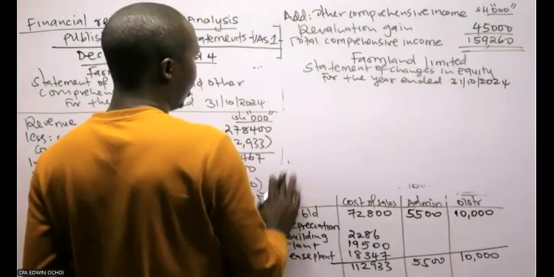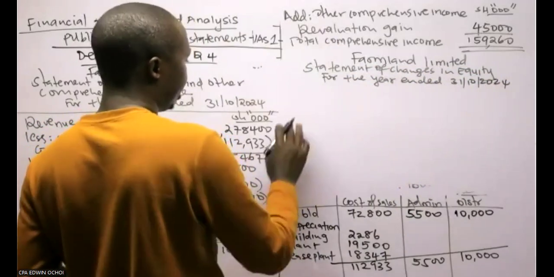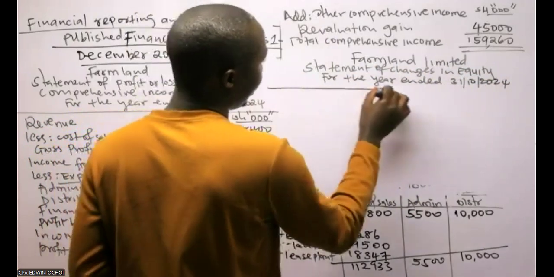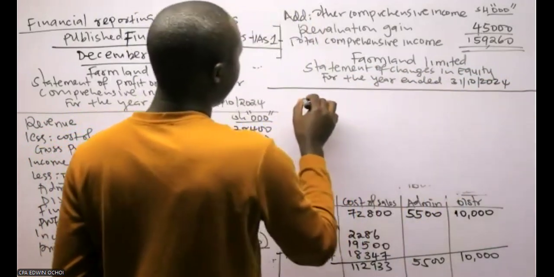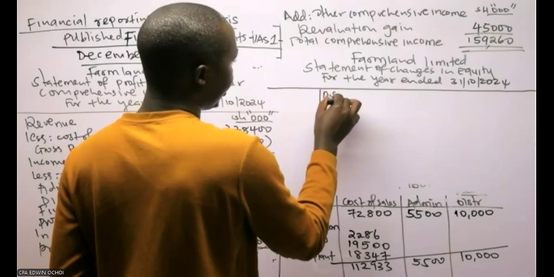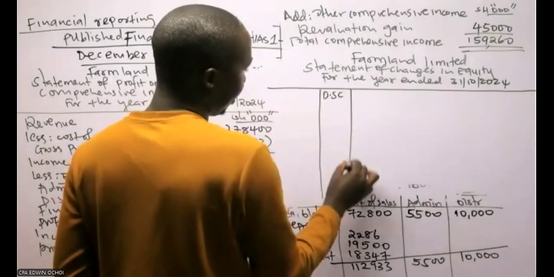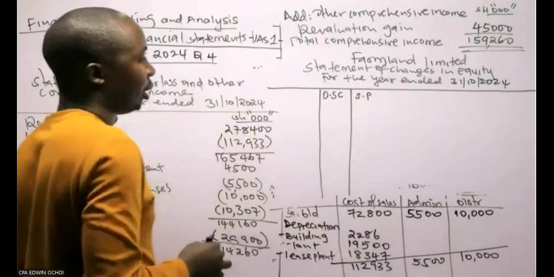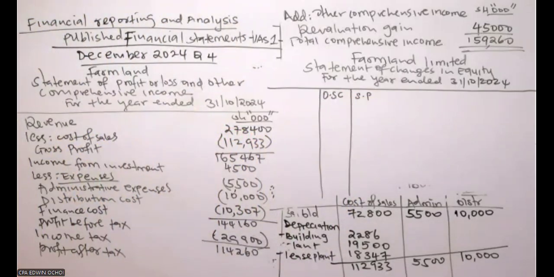So I will include all items so that you understand the format for this. I will include even the items which are not there. We have ordinary share capital. We have share premium. But for this question, I will deal with what is present, but I will draw the entire format.